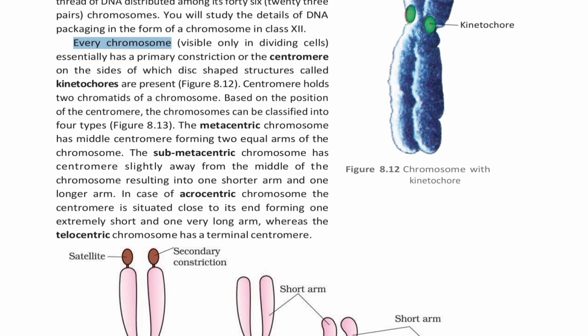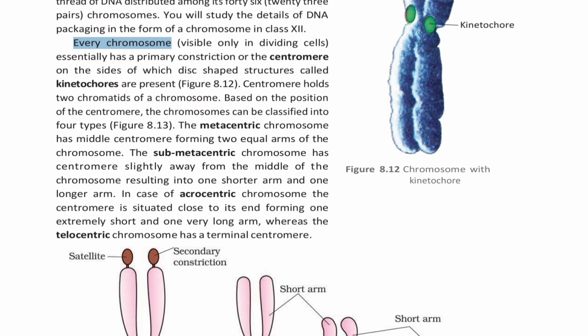Every chromosome essentially has a primary constriction or the centromere, on the sides of which disc-shaped structures called kinetochores are present. The centromere holds 2 chromatids of a chromosome. Based on the position of the centromere, the chromosomes can be classified into 4 types. The metacentric chromosome has a middle centromere forming 2 equal arms of the chromosome.